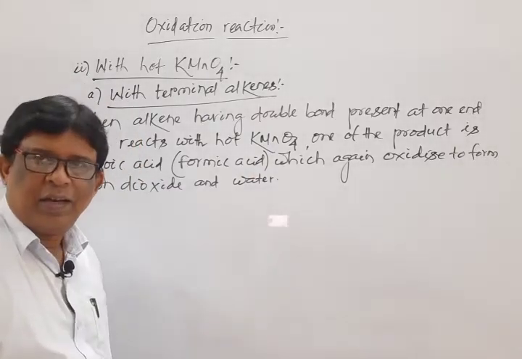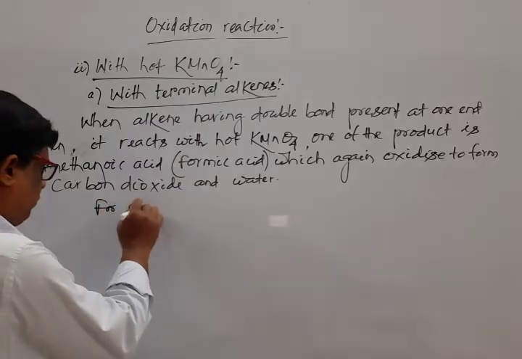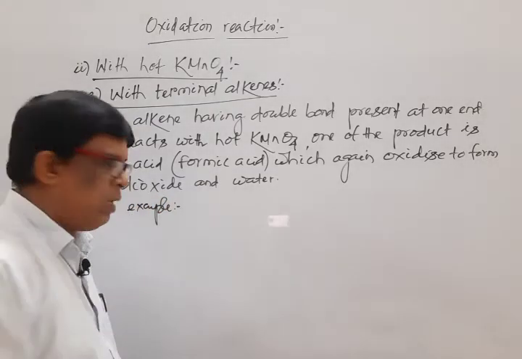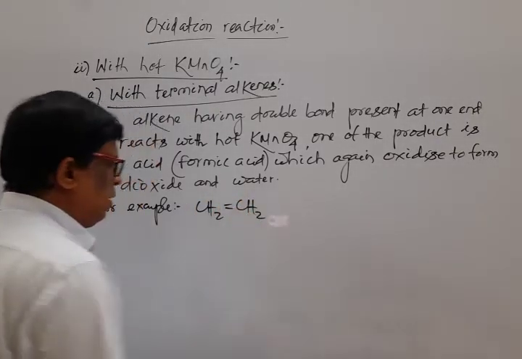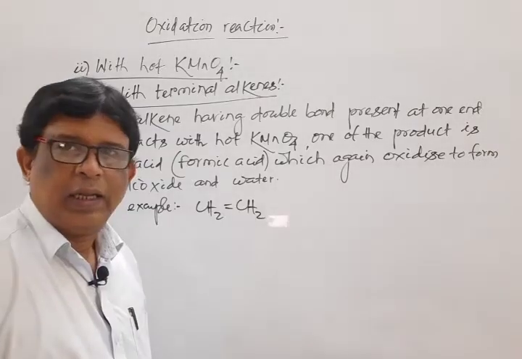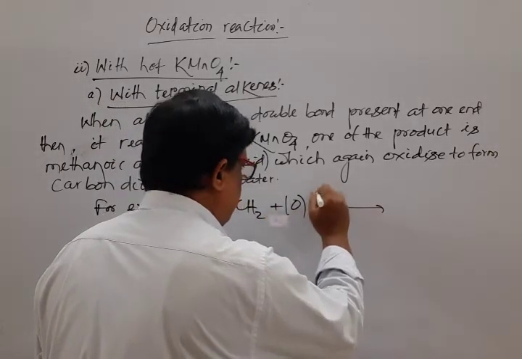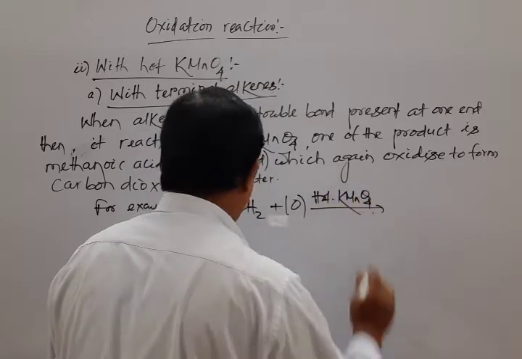Okay, let us verify one or two examples. For example, if we select ethylene, it undergoes oxidation in presence of hot KMnO4, then what is formed?